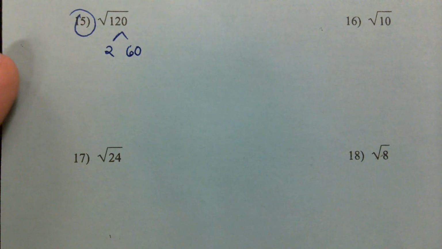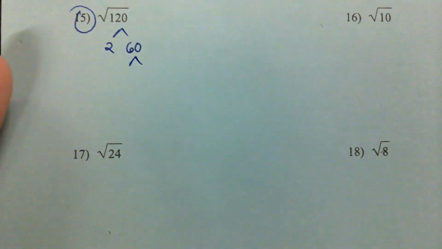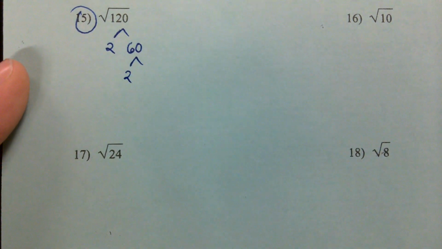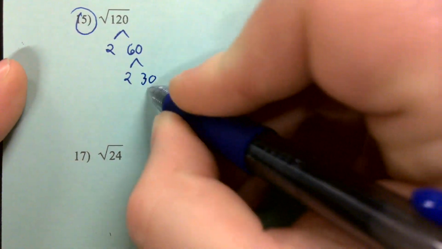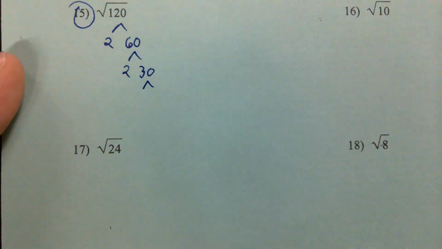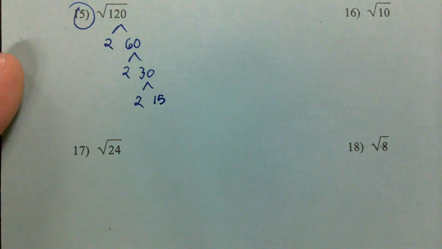Is 60 odd or even? Even. It's been a long, short week so far. So we can divide 60 by 2 as well. How many times would 2 go into 60? 30. Is 30 odd or even? Even. We'll split it in half again. How many times would 2 go into 30? 15.